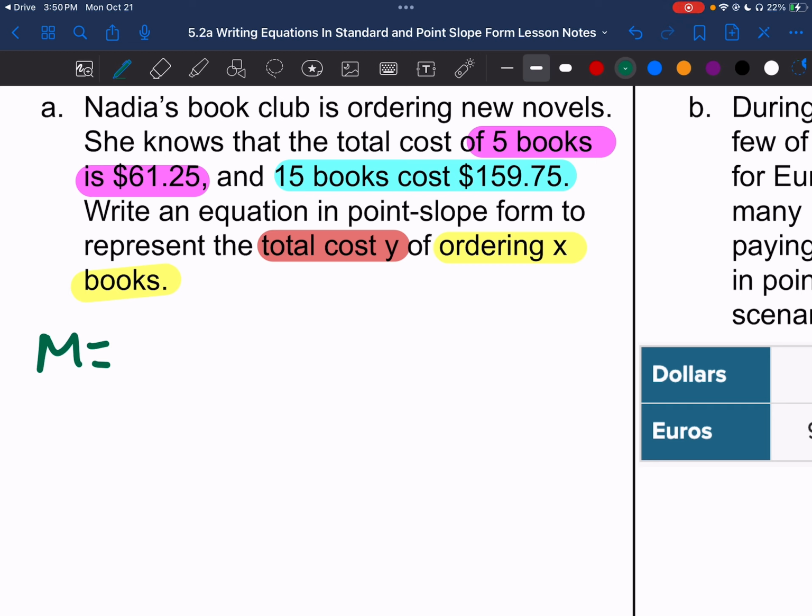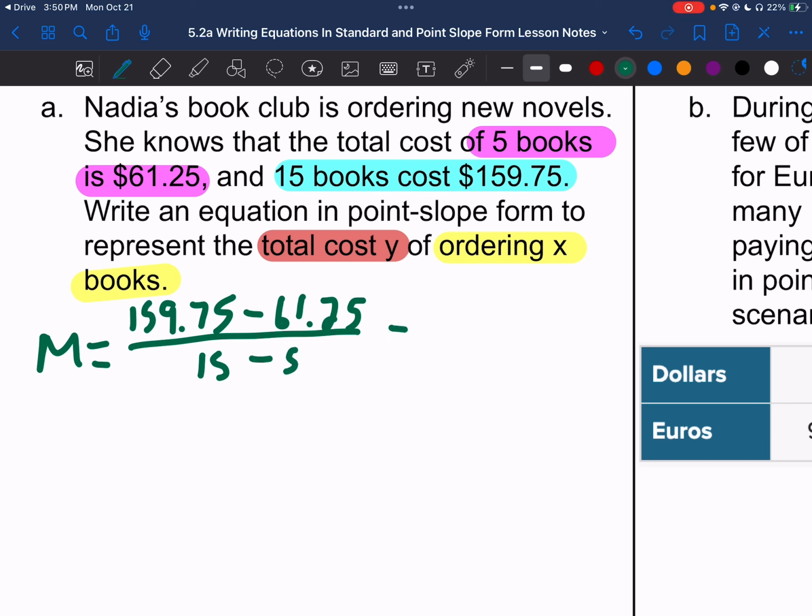So I'm going to take 159.75 minus 61.25 over 15 minus 5. And when I do that subtraction, I get 98.5 over 10, which is equal to 9.85. We can go with a decimal since we're dealing with money here.